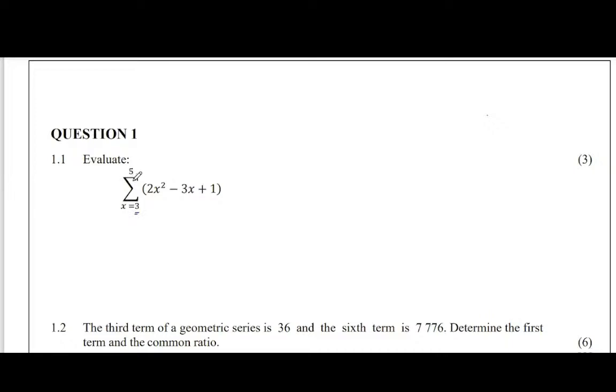So what we need to do is first of all understand what the symbol sigma means. Sigma is more like a shortcut for sum, or sometimes we call it a summation. In other words, you must get the summation of all the terms within this sequence or pattern from x equals 3 up to 5.